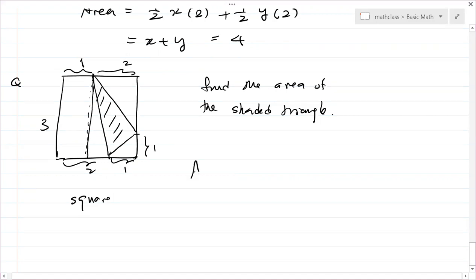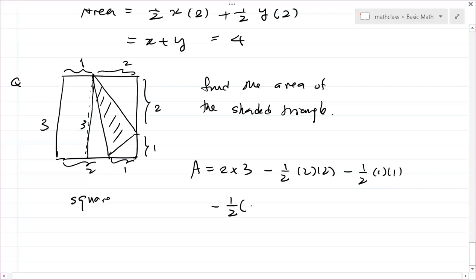So the area is going to be the area of the rectangle, which is 2 times 3, the height is 3, right? 2 times 3 minus the area on the top left, top right, 1. This is going to be 2, right? So it's 2 times 2 minus the triangle at the bottom, and minus the area of the triangle, which is 1 times 3.